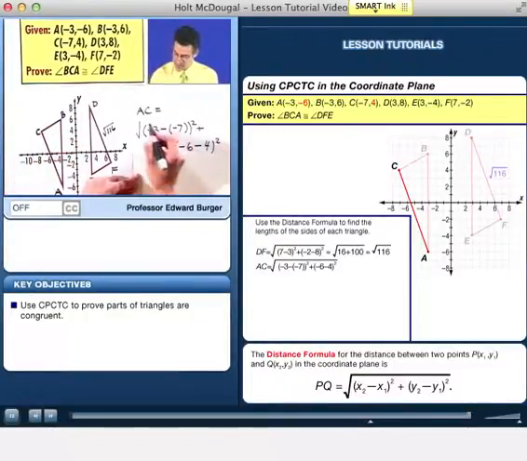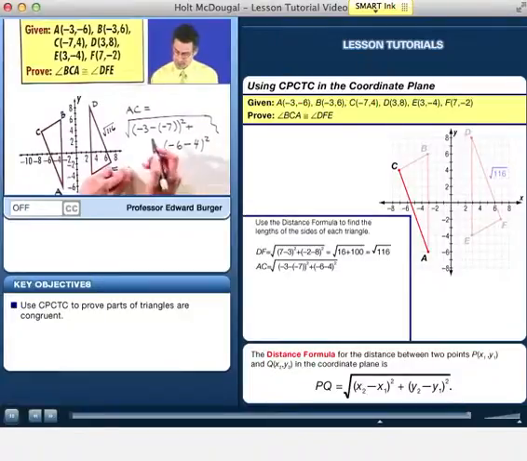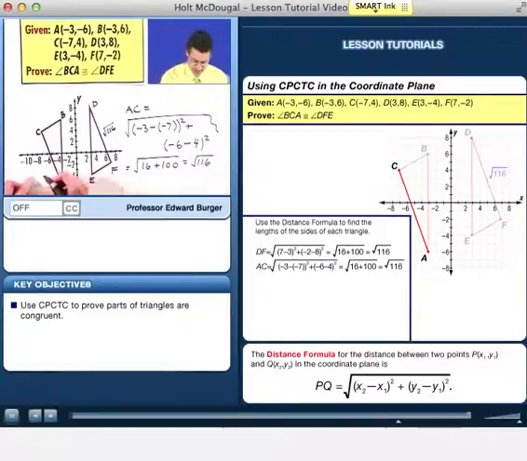And I square all that, and that square root goes all the way through. I couldn't quite fit it all on there. Big square root, big square root, big square root. Now, what do we get? Well, this is going to give me a 4 squared, which is 16. And this gives me a -10, which when I square it gives me 100. And this is sounding a little familiar now. I see the square root of 116. So check it out, these lengths are equal.